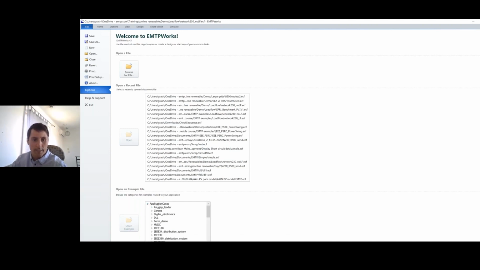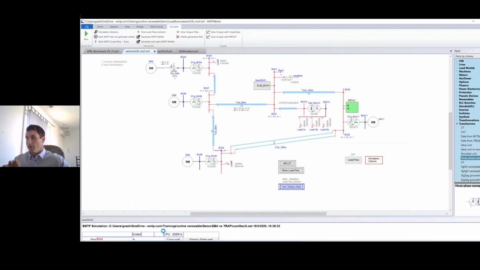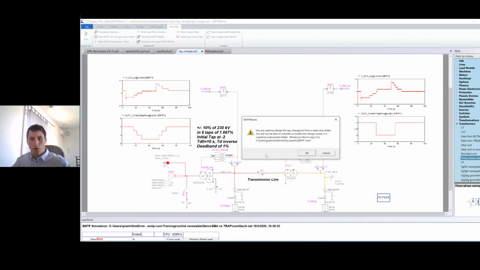If you go here to the application cases of the software and scroll down, you will see tap changer. I will open it very quickly to show you. You have this example where you have a 3 winding transformer with tap, and the tap control is here, and a 2 winding transformer with tap, so you can check out this example.